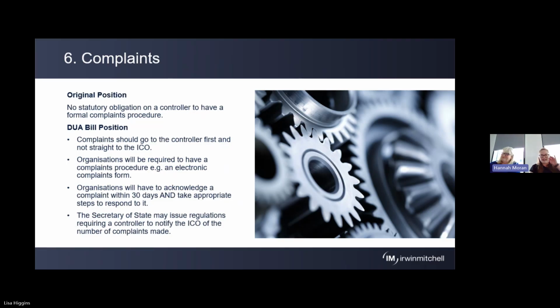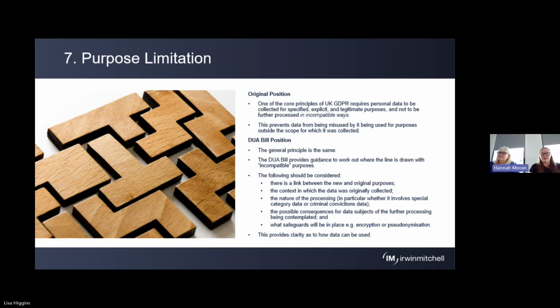So moving on to the next slide, which is purpose limitation. One of the core principles of UK GDPR requires personal data to be collected for specified, explicit and legitimate purposes, and you can't further process that data in ways incompatible with that purpose.